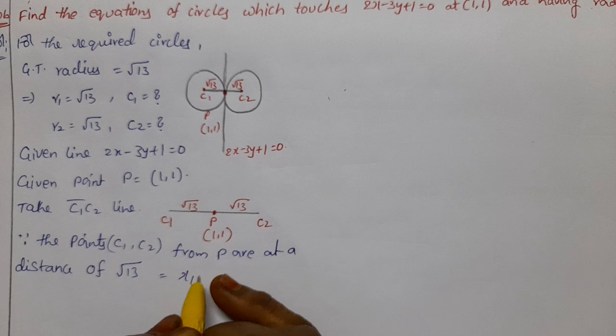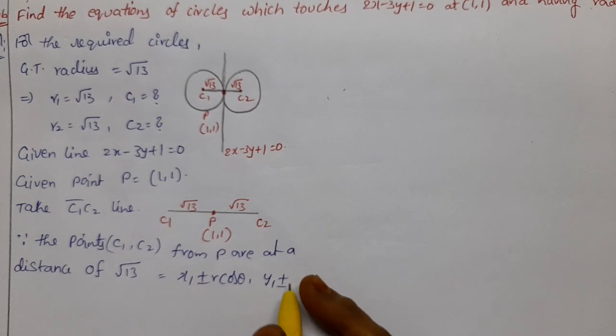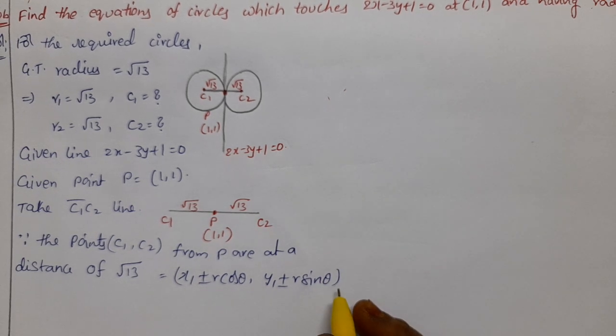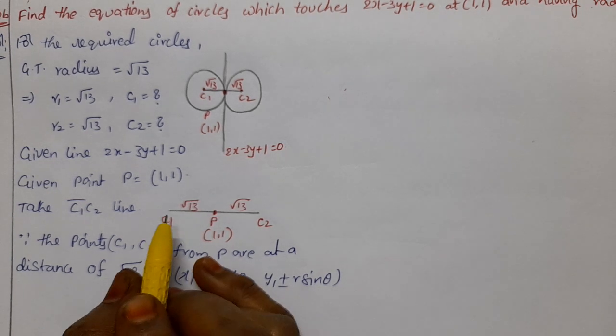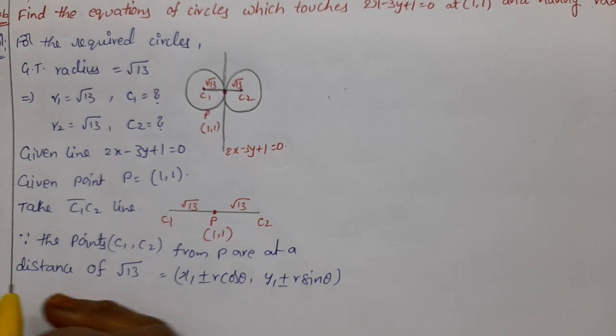x1 plus r cos theta, y1 plus r sin theta. This formula is to find points on the straight line from the given point. So here, to calculate C1 and C2 this formula is used.